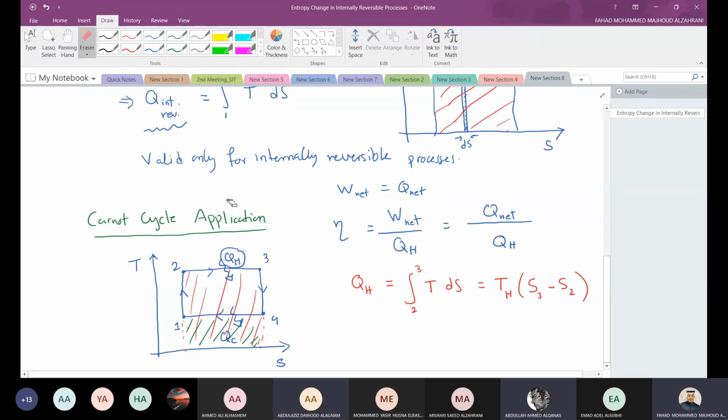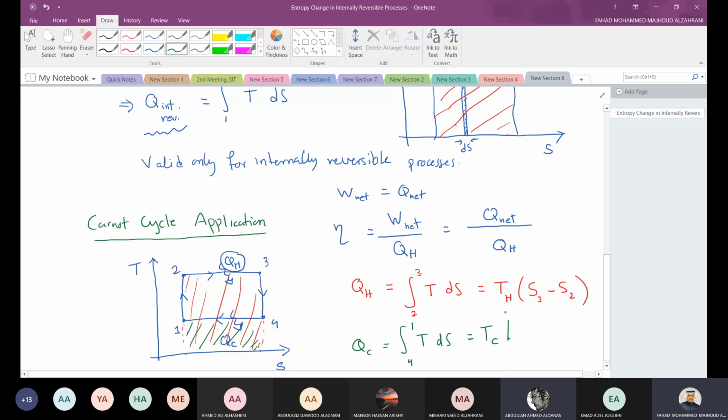Same T. Q cold is from 4 to 1, right? Yes, correct. That is T ds, so T cold times S1 minus S4. Okay.